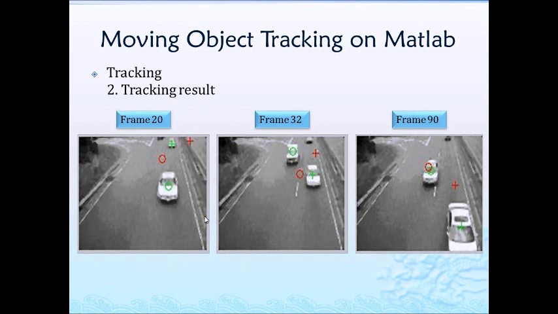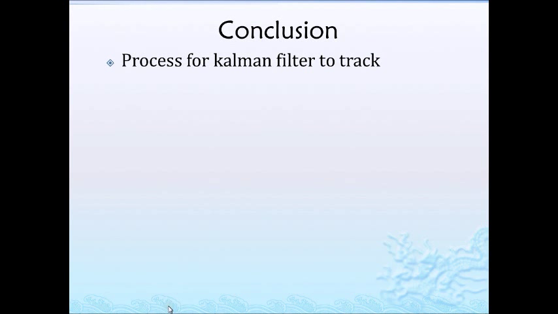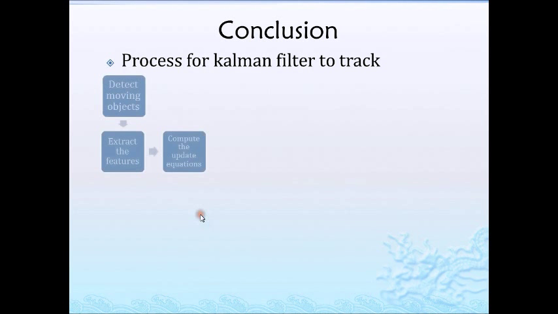Here are some checking results for different frames: frame 20, frame 32, and frame 19. The gray symbols on the cars are the centers of the moving objects. For conclusion, the whole process of tracking moving objects using Kalman filter is as follows.